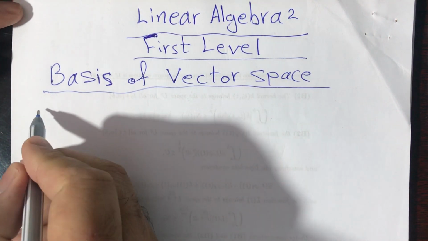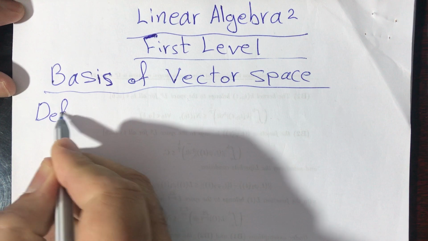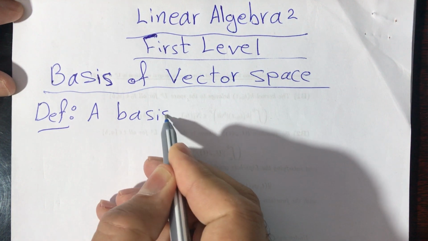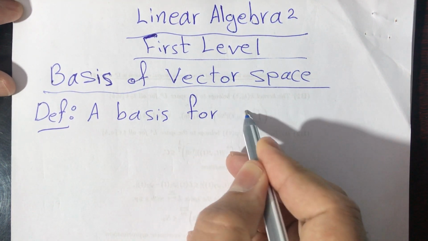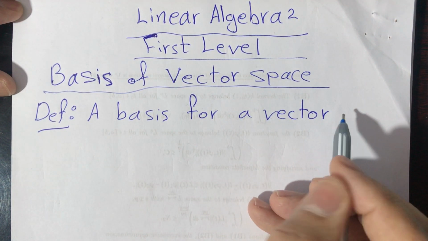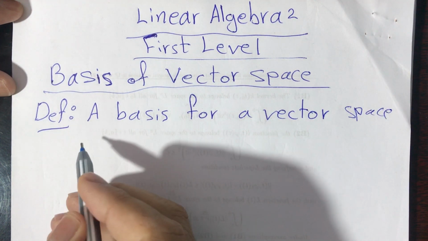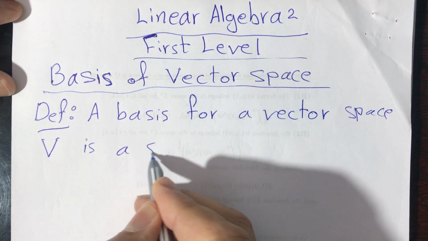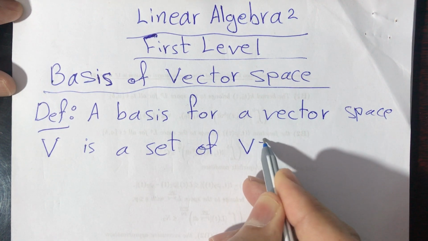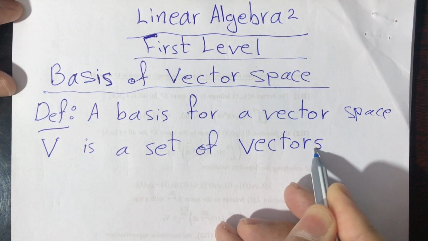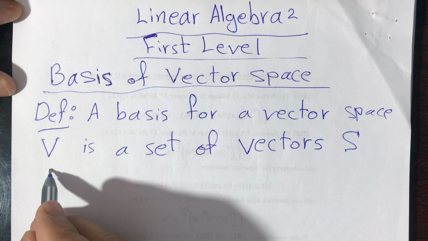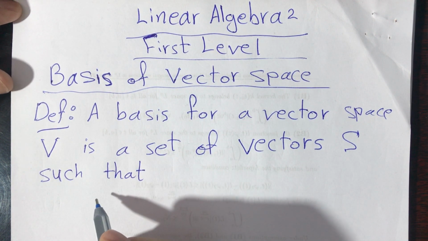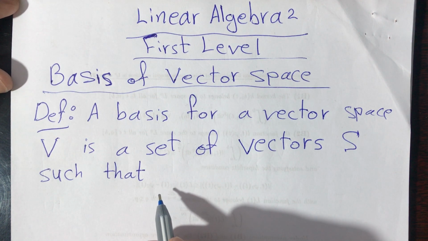At the beginning, take the definition. A basis for a vector space V is a set of vectors S such that we have to satisfy two conditions.